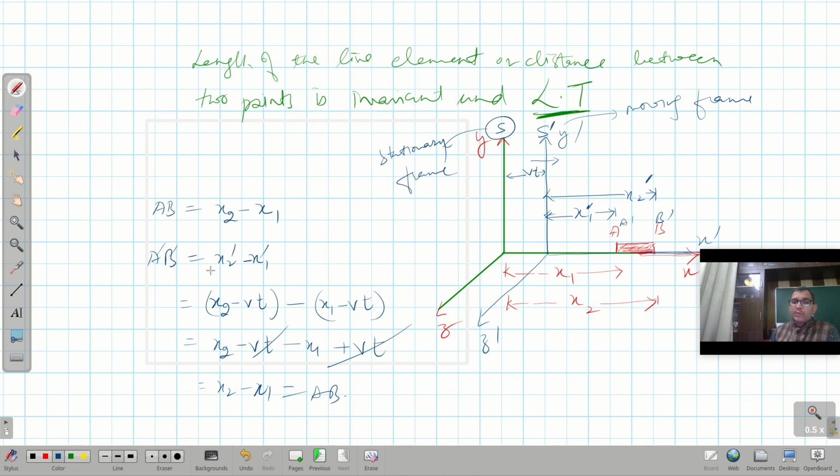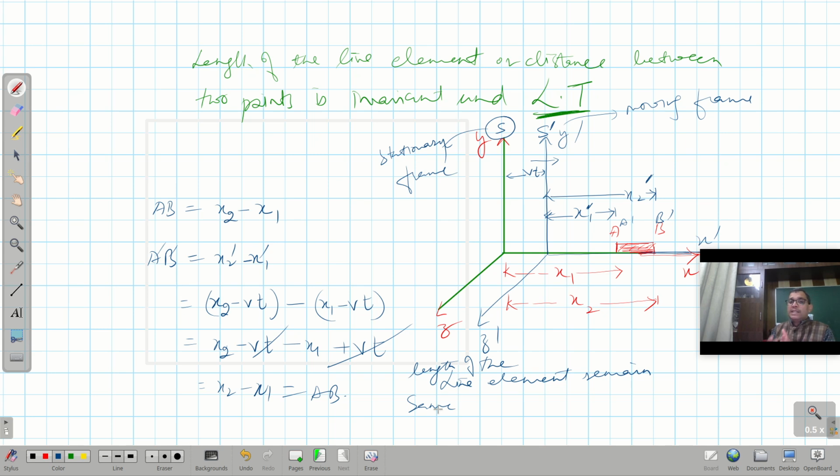So that means the line element, or the length of the line element, remains the same when it is seen from either the stationary frame of reference or the moving frame of reference. So what does it mean?